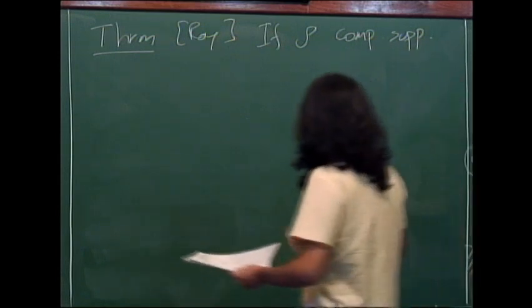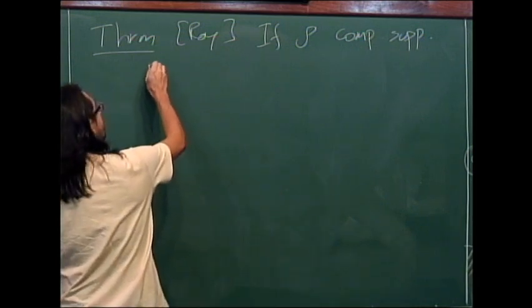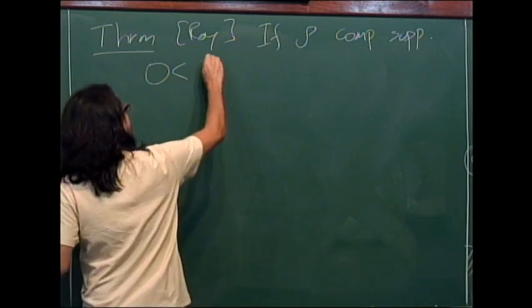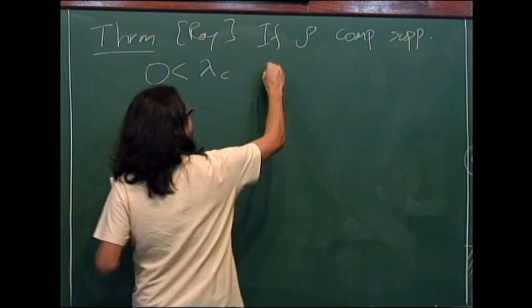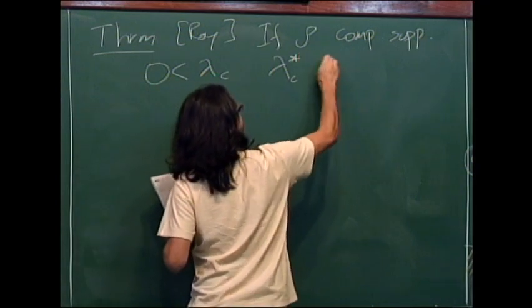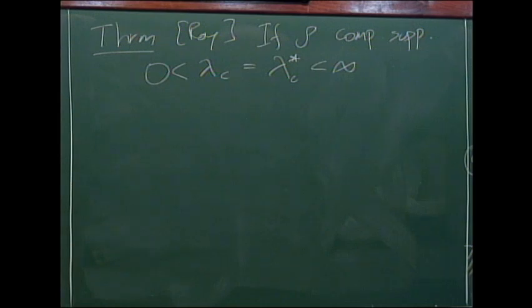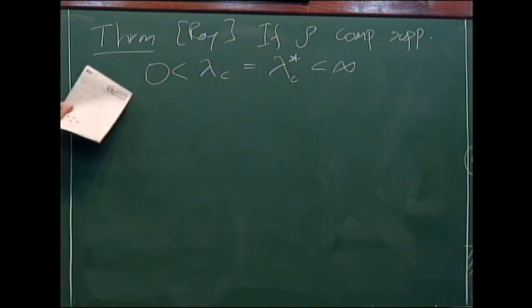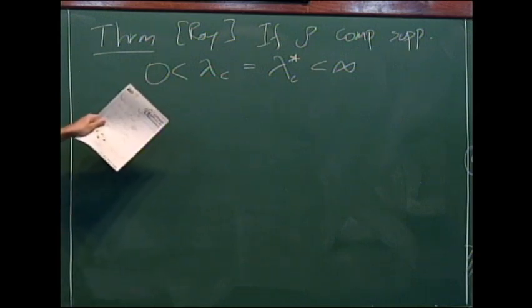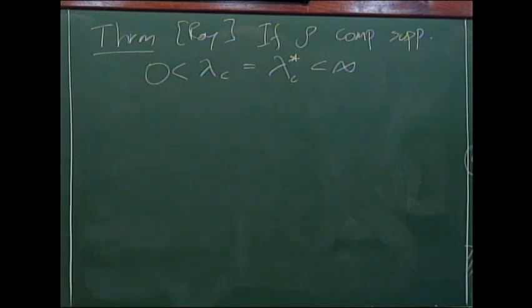Then he showed that, in fact, the critical values are non-trivial and they're equal. By trivial, I mean, if both were 0, we would have B all across the line. If both were infinity, you would have A all across the line. So they're both non-trivial and equal.